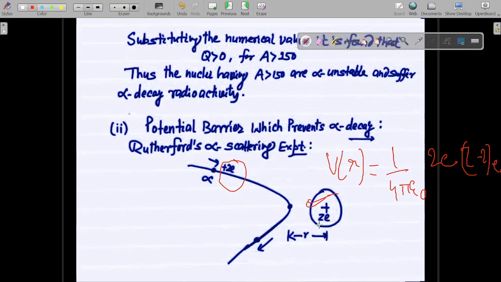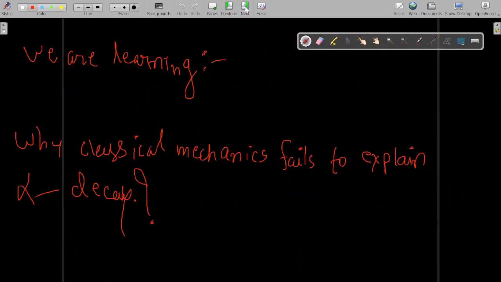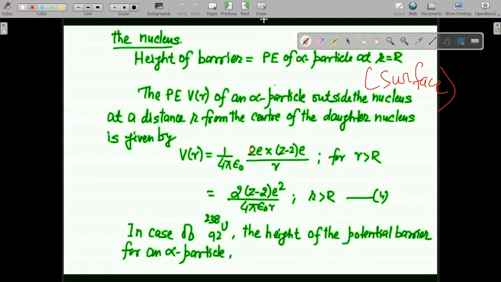Why Z minus 2? Because the daughter nucleus has Z minus 2 as its atomic number. So 2e into (Z minus 2)e divided by r, where r is the separation between the alpha particle and the daughter nucleus. So that's what we have written over here: 1 upon 4 pi epsilon naught 2(Z minus 2)e squared divided by r, for r greater than the radius of the nucleus.